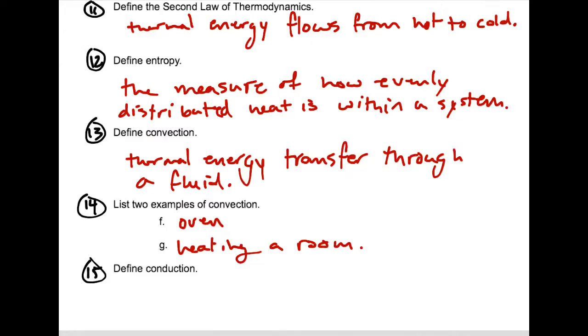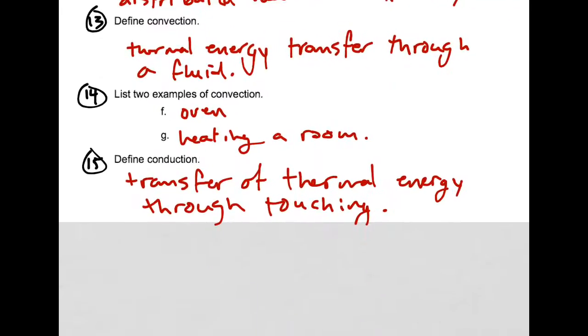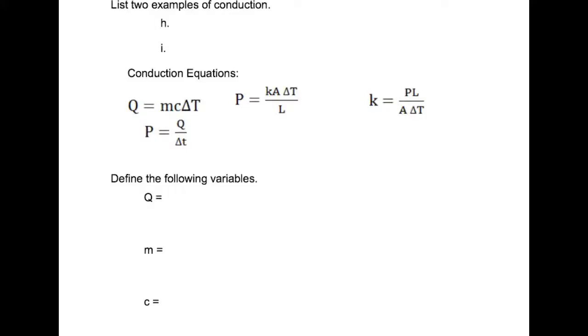Conduction is the transfer of thermal energy through touching, from molecule to molecule. So there's that, and it's pretty good. We're on 15. Okay, keep going. List 2 examples of conduction. The example from the notes was soup heating up a spoon, because, well, it's kind of like a fluid.